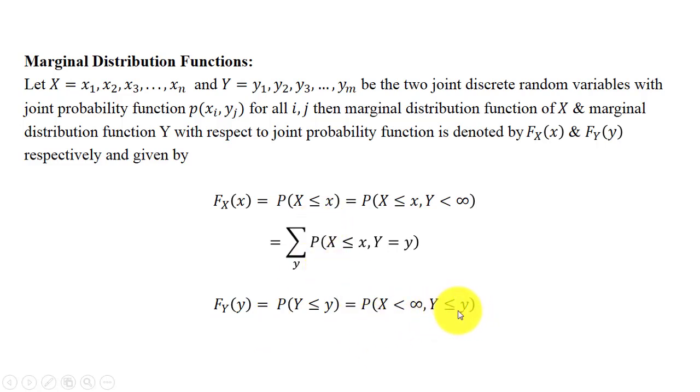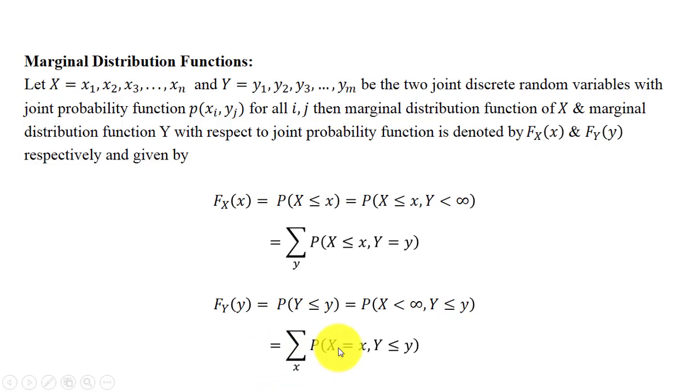It means that in the joint probability distribution table we are taking the sum column-wise. So if you take the particular value of y as y1, if you take capital Y equal to y1, then it's the sum of all entries of the first column.